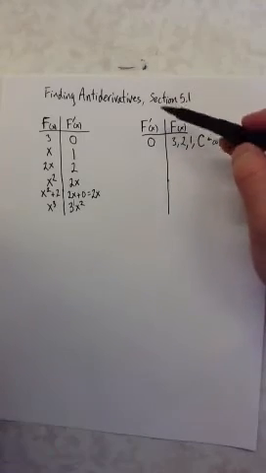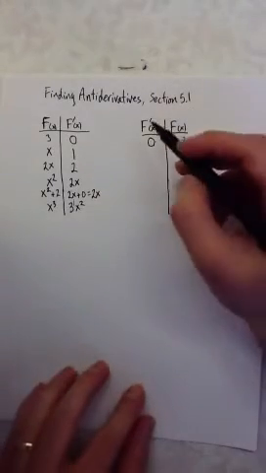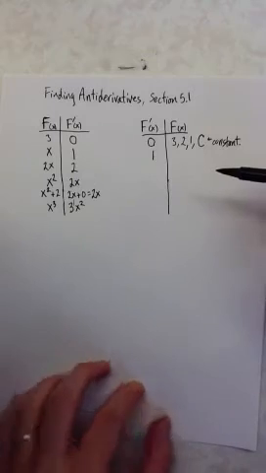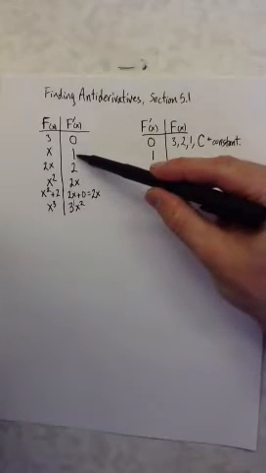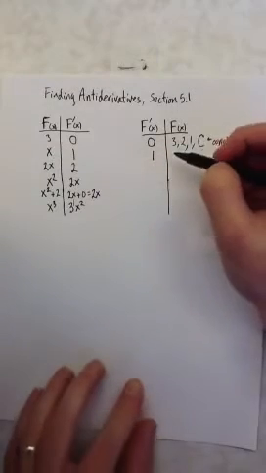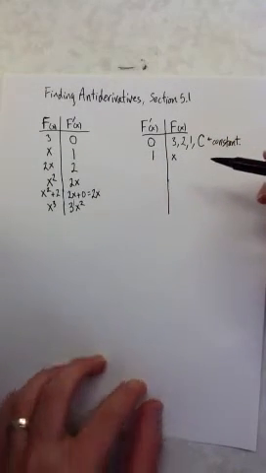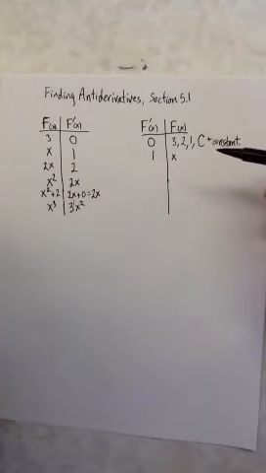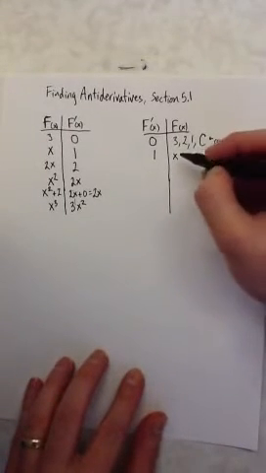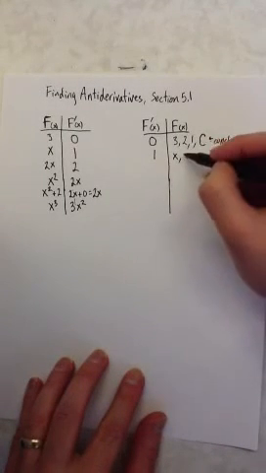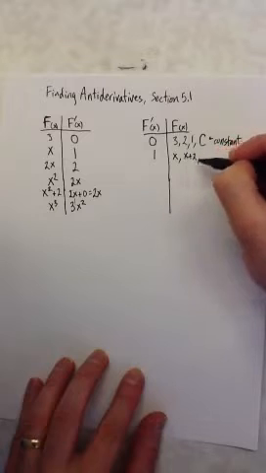Alright, so what if the derivative is 1? What's the original function? Well, we see from this table over here that the original function could be x. Are there any other functions that have a derivative of 1? Take a second to think about it. Well, here's one function that I thought of that had a derivative of 1, x plus 2.